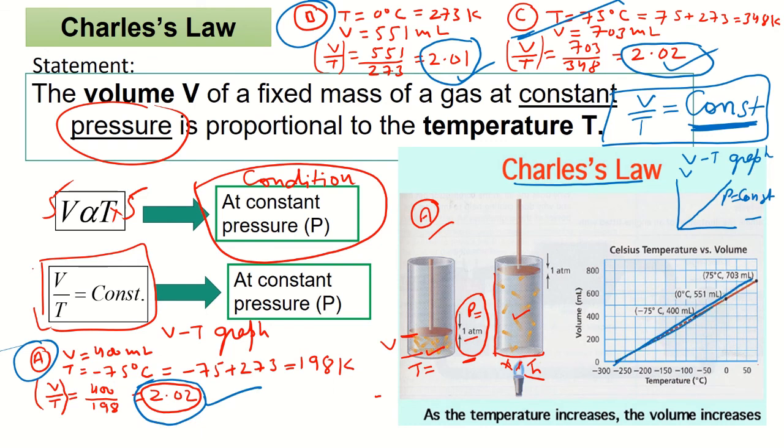This is the shape of the Charles law graph, always a straight line, and never will this line be like this, or like this. It is always a straight line, as shown in the graph. This is the correct way to show the Charles law.